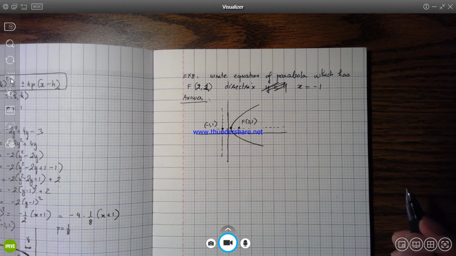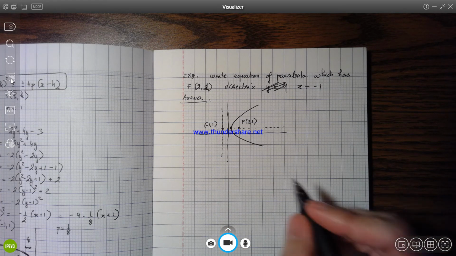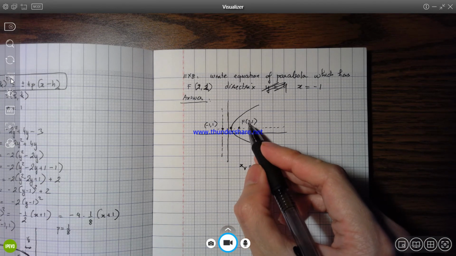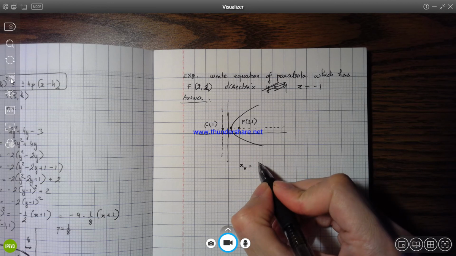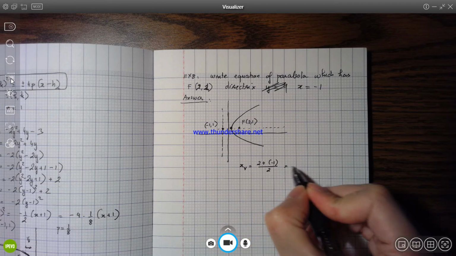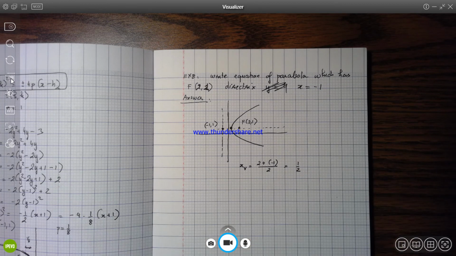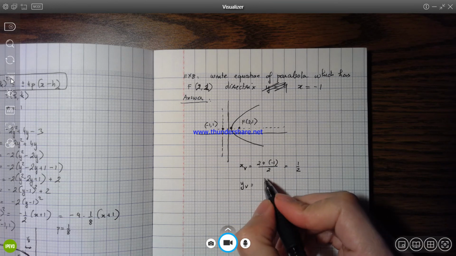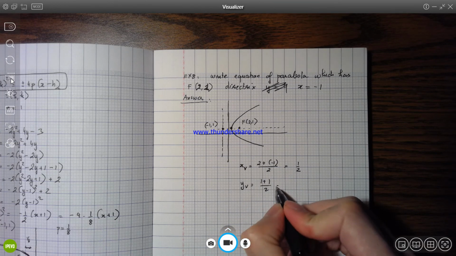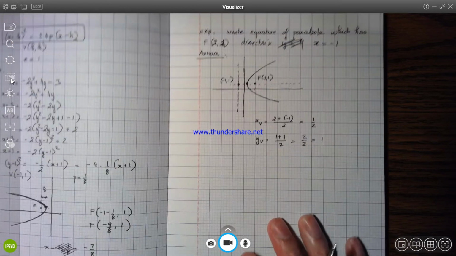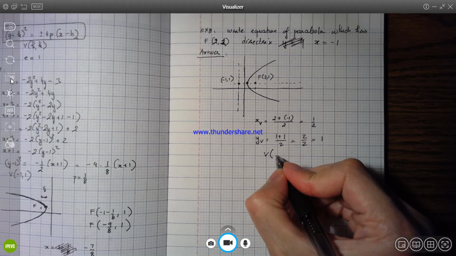The x of v is 2 plus -1 over 2, which is 1/2. And y of v is 1 plus 1 over 2, which is 1. So the coordinate of the vertex is (1/2, 1).